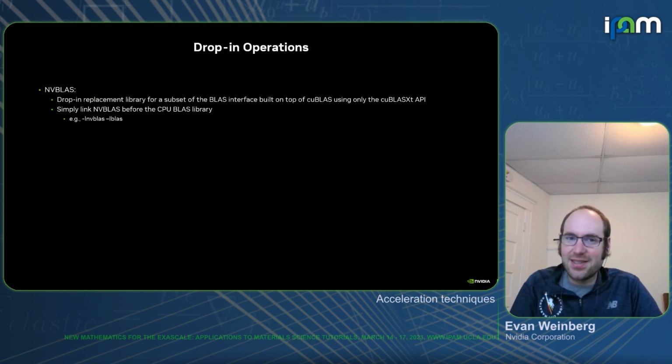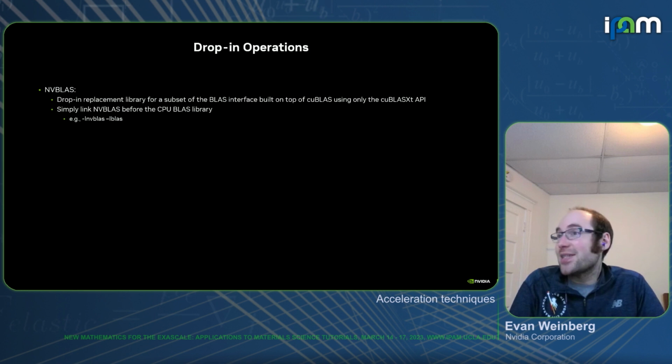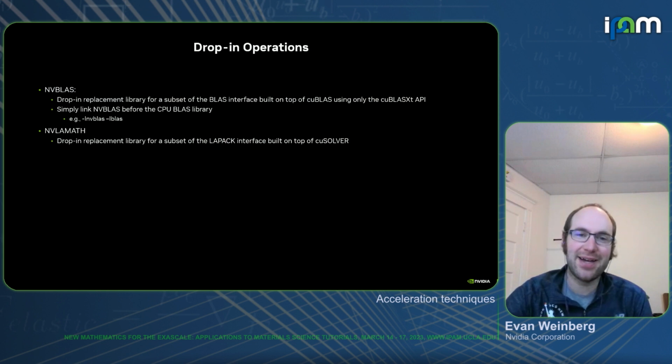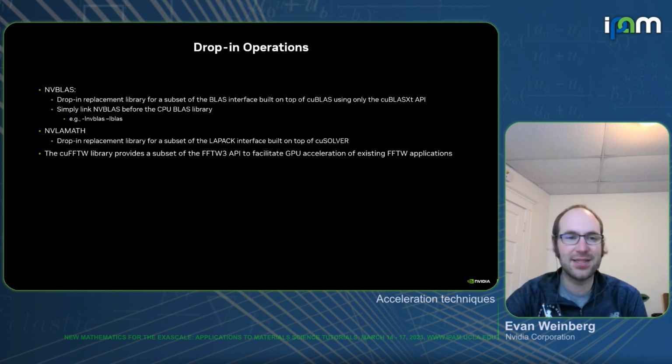I don't think any of it's going into C++23. So that's cool. This is reemphasizing standard C++ is a good part of the future. There's interfaces to LAPACK for sparse or dense linear solves, and also FFTs.